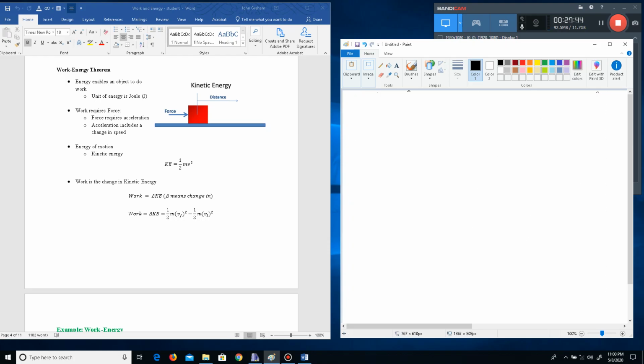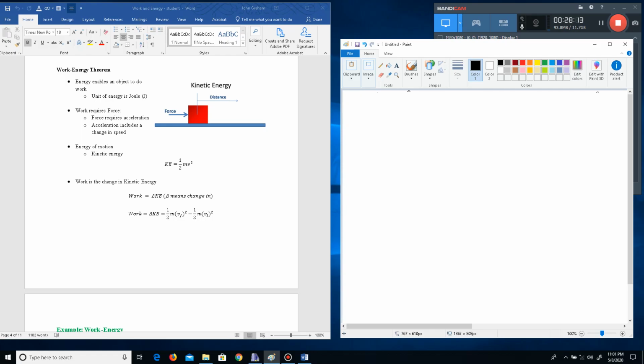So I've mentioned a few times already through this that energy enables an object to do work. Right, energy is in joules just like work is. Work requires a force. Force requires acceleration. Acceleration includes a change in speed.